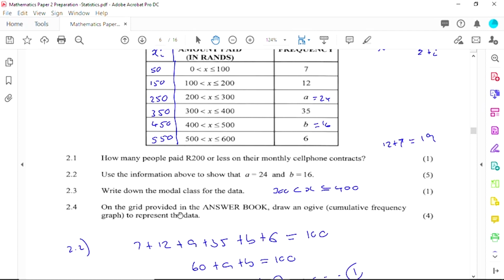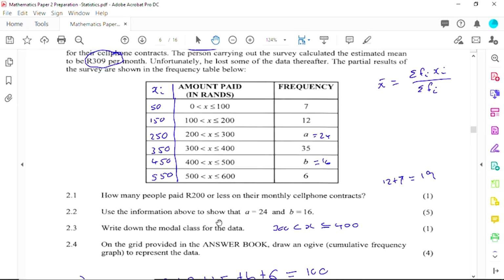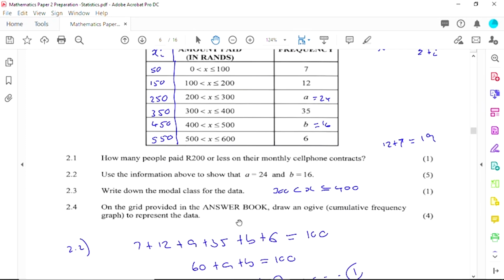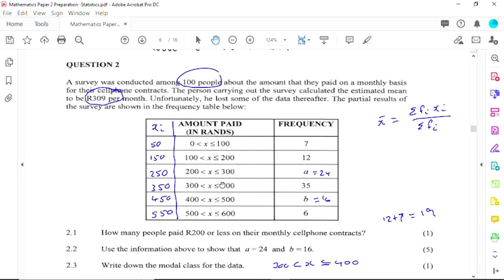On the grid provided in the answer book, we want to draw an ogive to represent the data. Recall that if we want to draw the ogive, we have to look at the upper class boundaries for the x values, and we need the cumulative frequency for the y values.